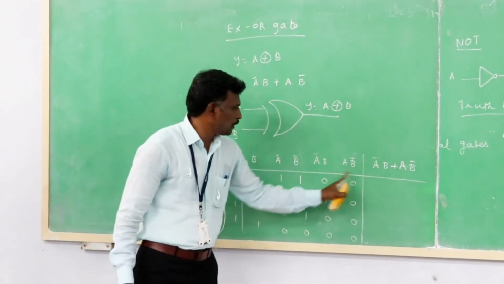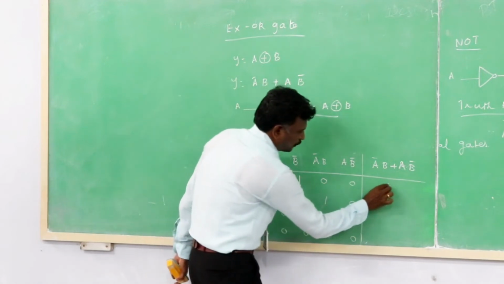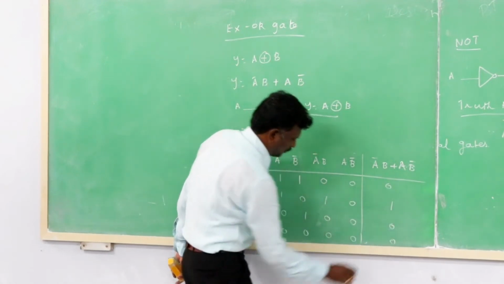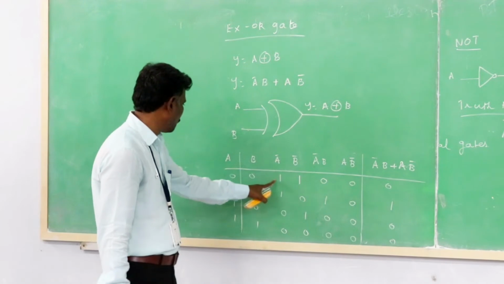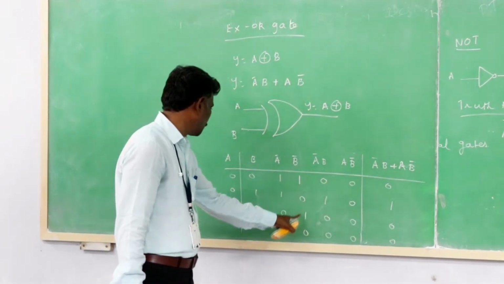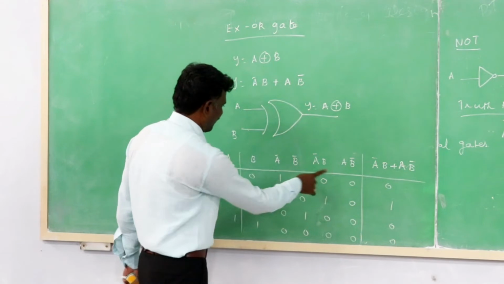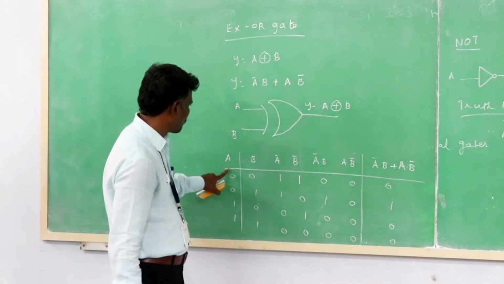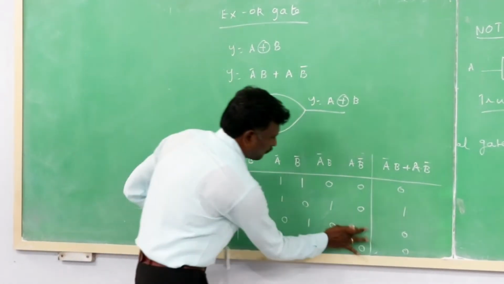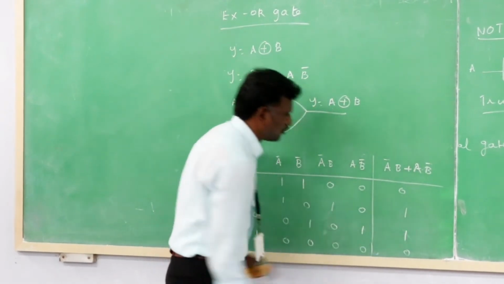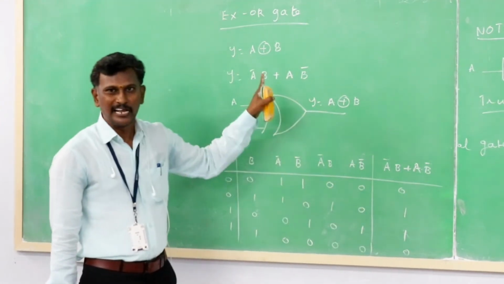Now adding these two columns, because it is A bar B plus A B bar, gives 0 1 1 0. So the exclusive OR gate output A bar B plus A B bar equals 0 1 1 0. This is the operation of the exclusive OR gate.